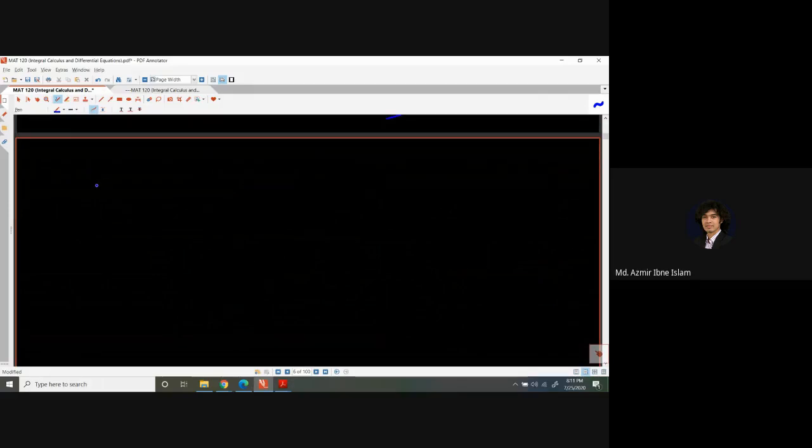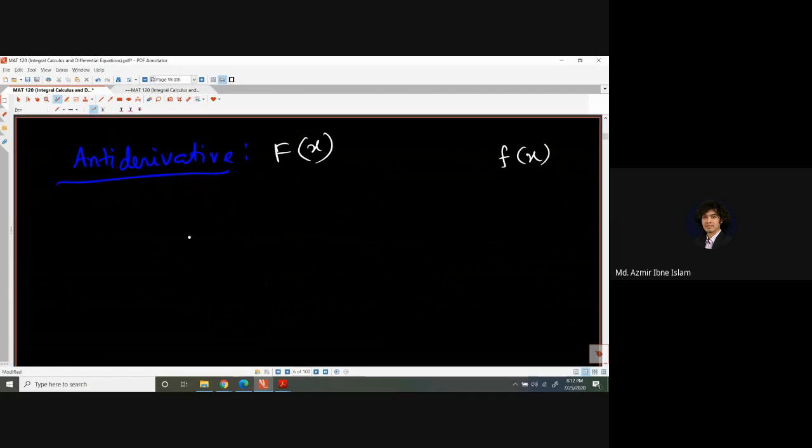So what is antiderivative? I'm mentioning antiderivative as capital F of x, and the original function is small f of x.